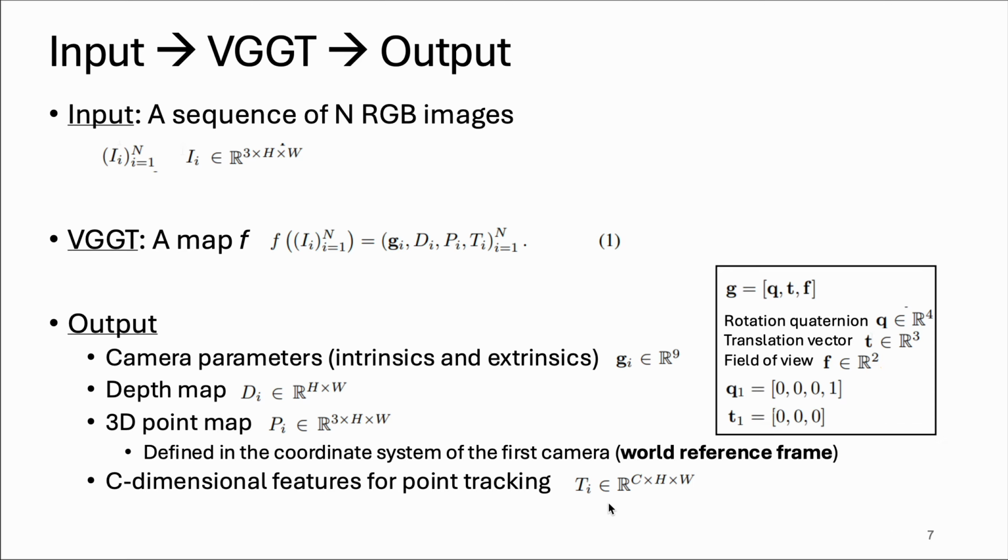It has a dimension of C by H by W. This transformed image representation can be used to find the corresponding points, the point tracks, through the image sequence.